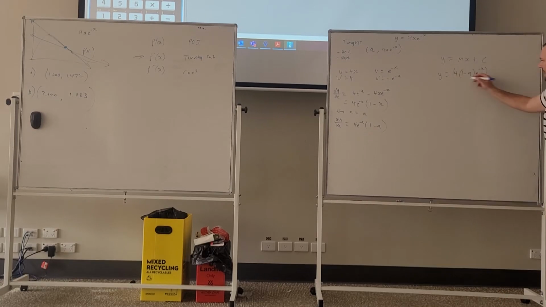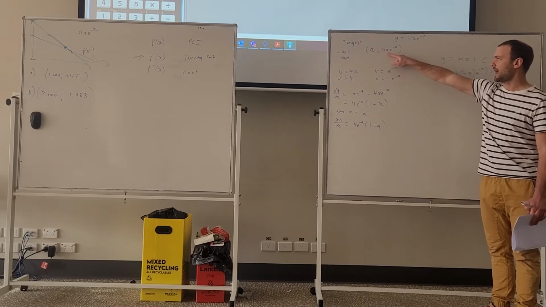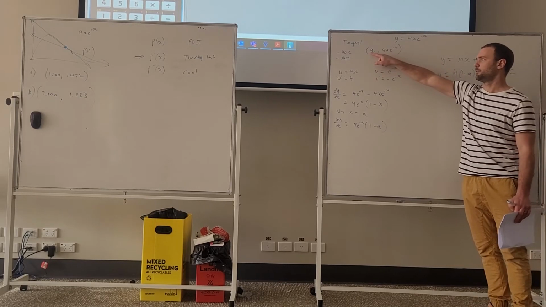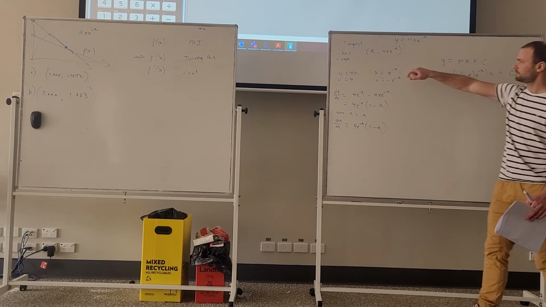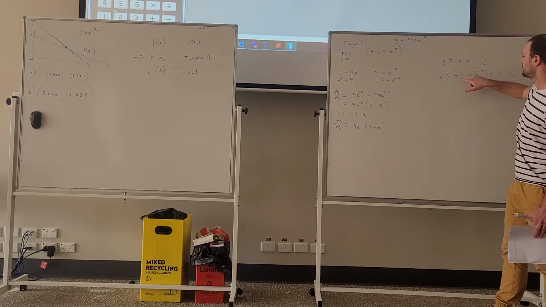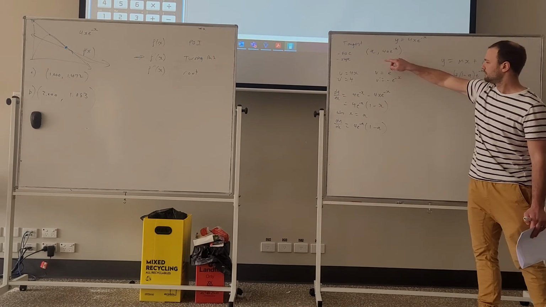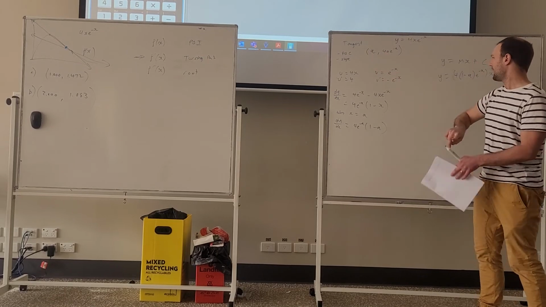So we have mx plus c. How do we find c? Well, this is when we plug the point of contact in. We have when x is a, y is 4a e to the minus a. So when we put the value of a in where x is here, we're going to have y is 4a e to the minus a.